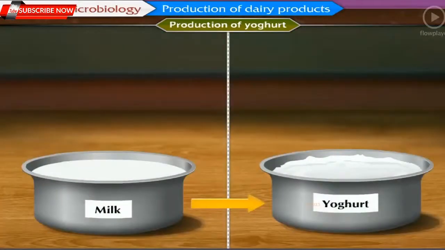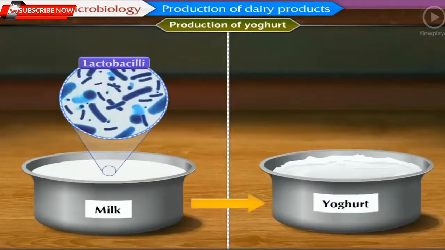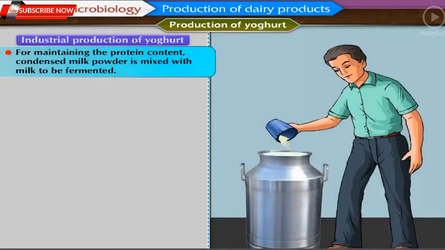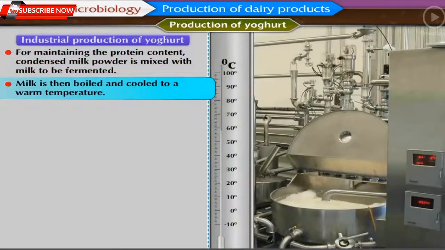Production of yogurt. Yogurt is a milk product produced with the help of lactobacilli, which acts as the inoculant. In the industrial production of yogurt, for maintaining the protein content, condensed milk powder is mixed with milk to be fermented. Milk is then boiled and cooled to a warm temperature.